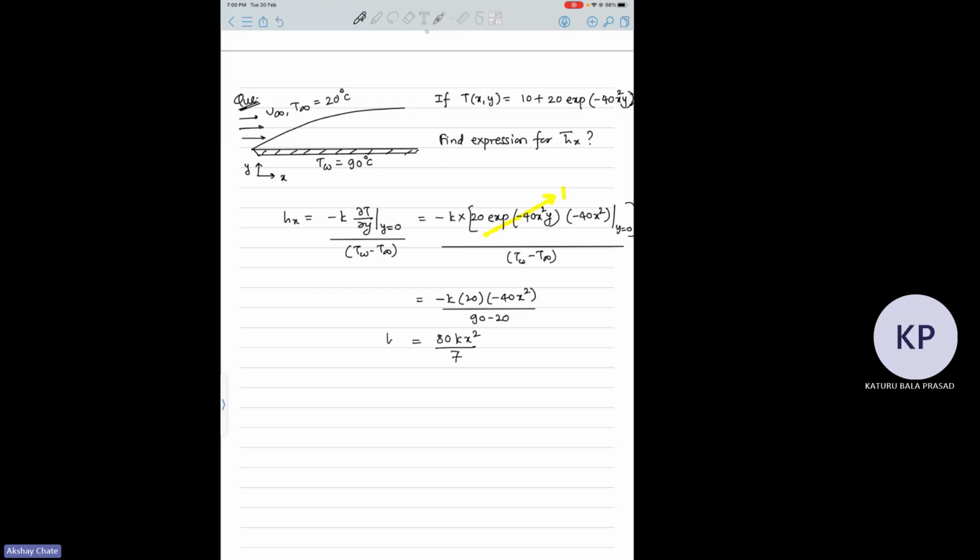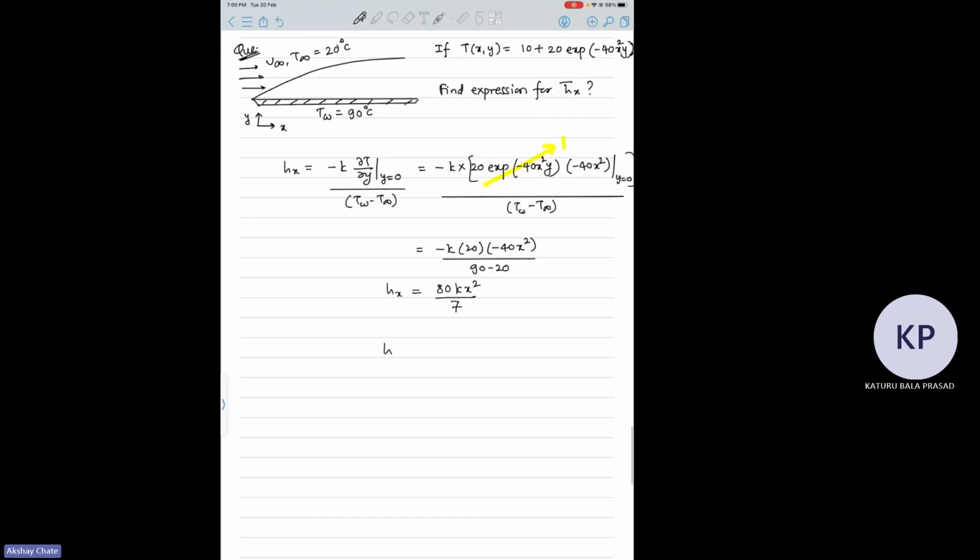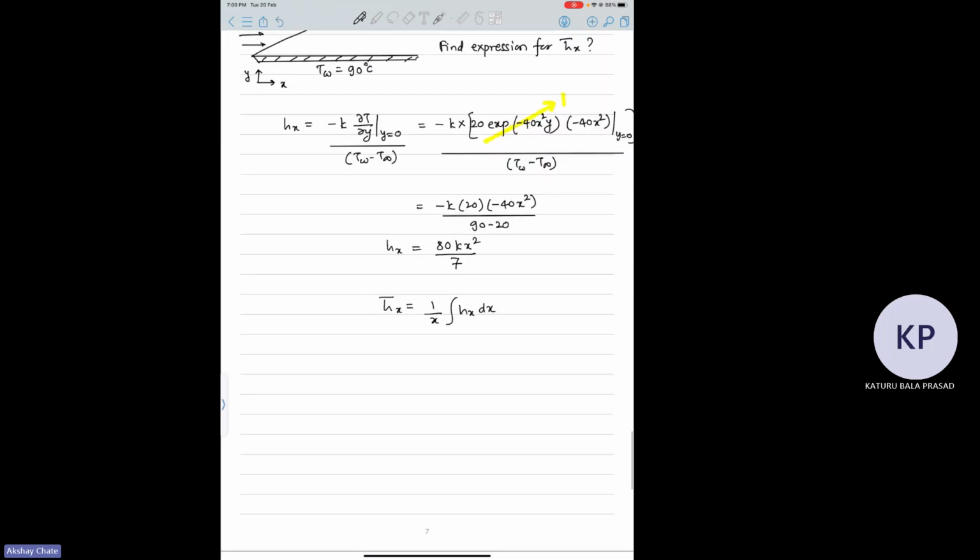Okay, so this is your local heat transfer coefficient at some location x from the leading edge. Now you need to find the average heat transfer coefficient. So that will be 1 by x integral of h x dx. So till that location we are finding, not for the whole plate. Now this 80k by 7 is constant, and x square integration is x cube by 3.